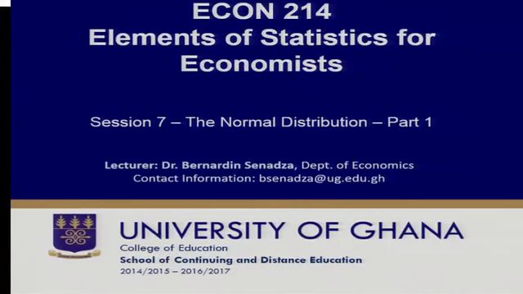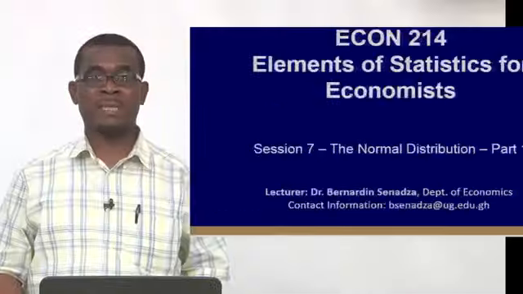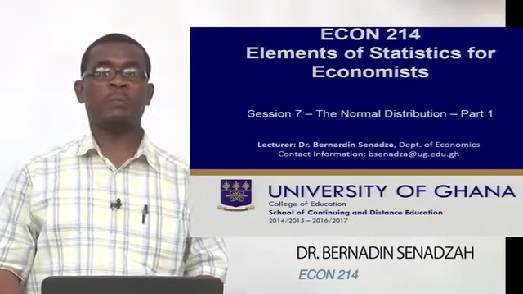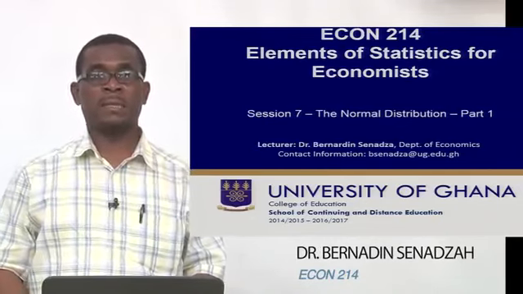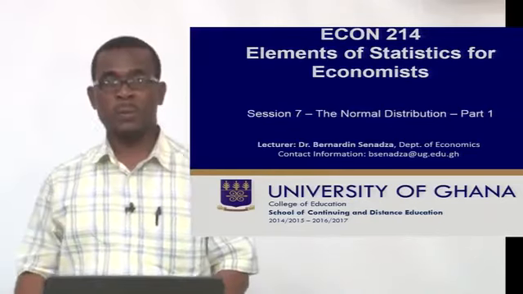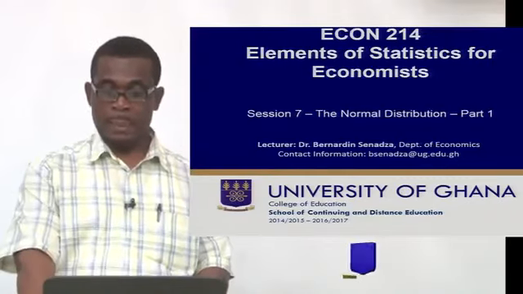We continue with our discussions, and we will introduce continuous probability distribution, but we will be discussing one important continuous probability distribution, that is the normal distribution. This is in two parts, so we'll take the first part.